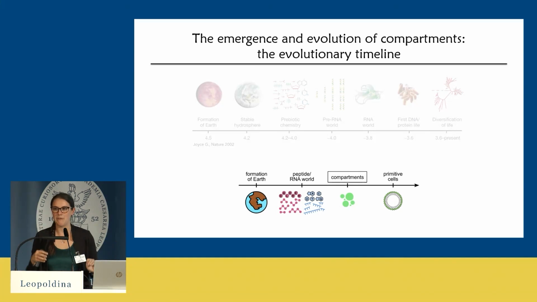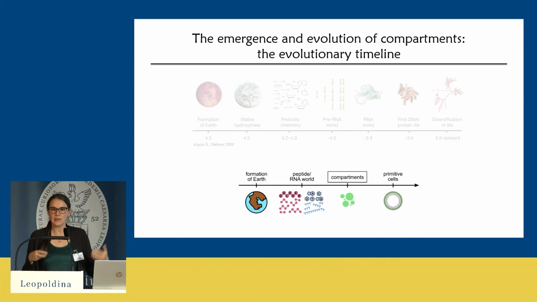Then we put everything in a cell. Then we put everything in a compartment. I'm not entirely sure we should look at this in this way, and I'm not entirely sure that compartments really happened later, and I hope by the end of my talk I'll convince you that this is not the case.